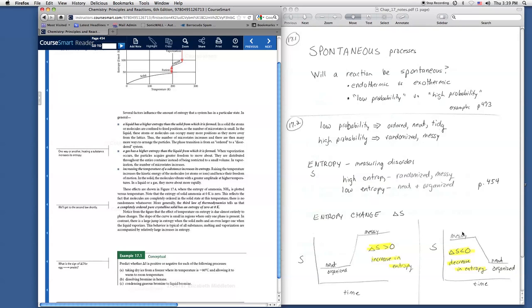On the other hand, if this chemical reaction or the process we're thinking about takes us from kind of messy and disorganized stuff down to neater and more organized stuff, then that would be considered a negative entropy change. There's a decrease in entropy as you go from here to here.